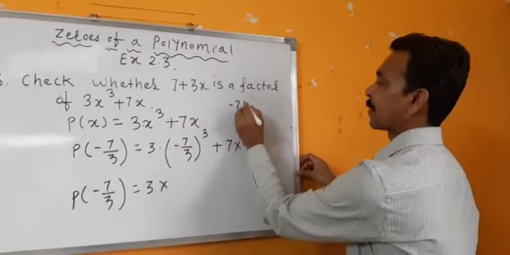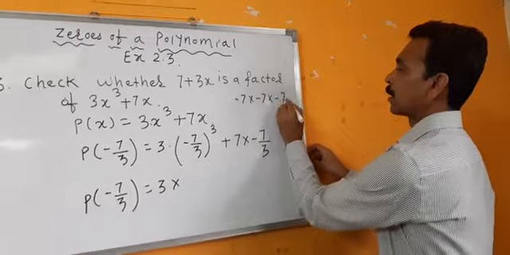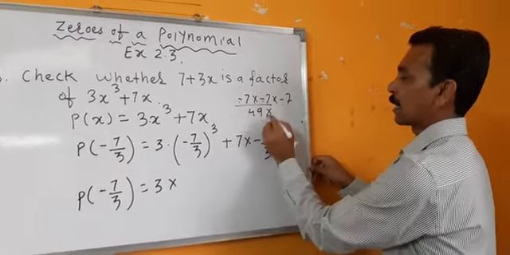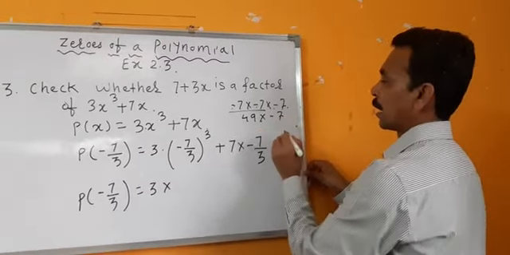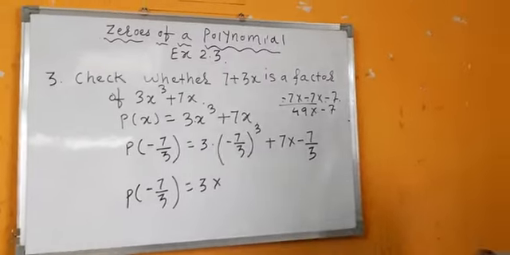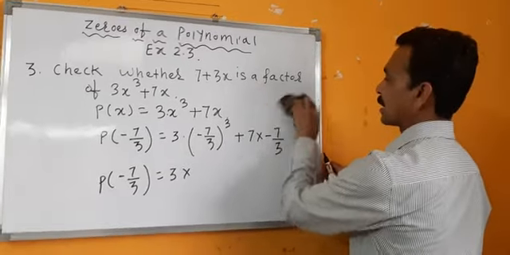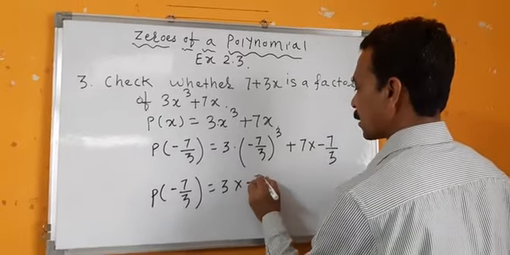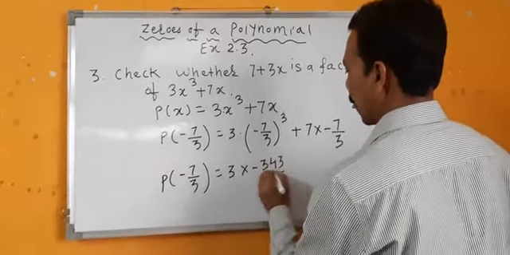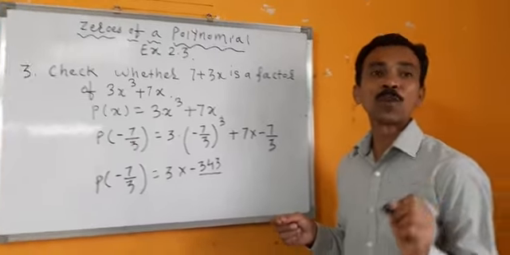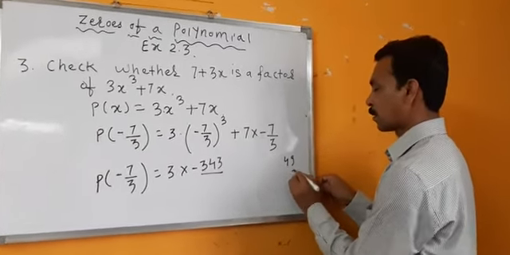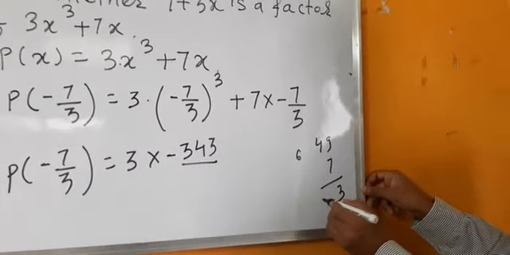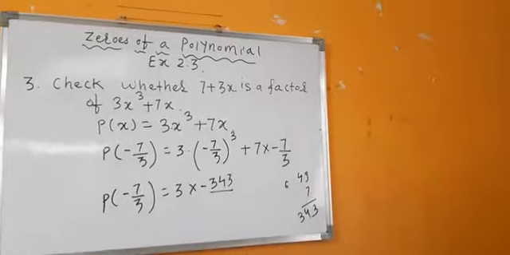Look here: minus 7 into minus 7 into minus 7. Minus into minus is plus; 7 sevens are 49, into minus 7, and plus into minus is minus. So 49 into minus 7 will be negative, so it becomes minus 343. 7 into 7 is 49, and 49 into 7: 7 nines are 63, 7 fours are 28, 28 plus 6 is 34.